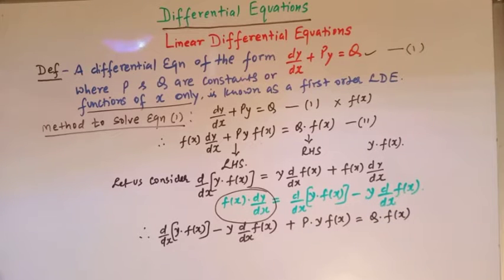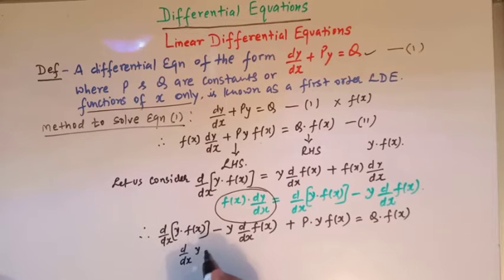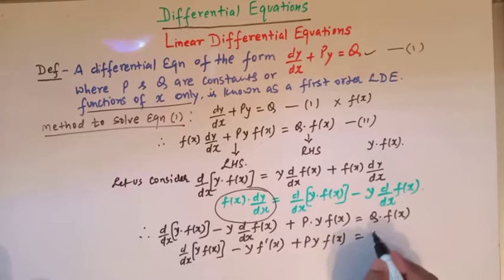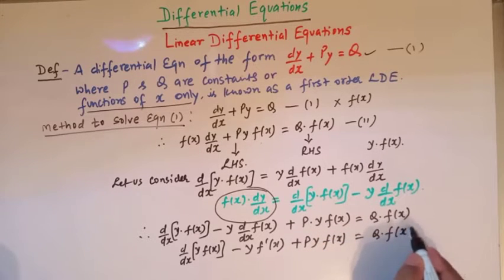Clear? And now this can be written as d by dx of y fx, and we have minus y times the derivative of f, which can be written as f prime of x, plus py f of x equal to q times f of x.